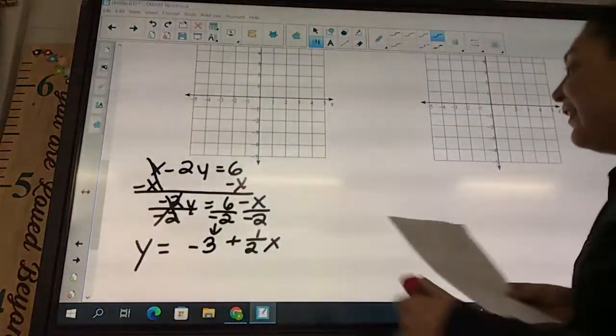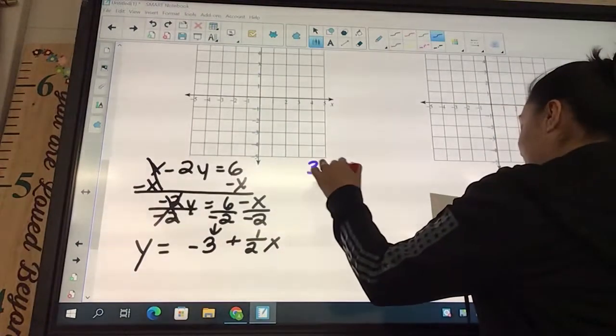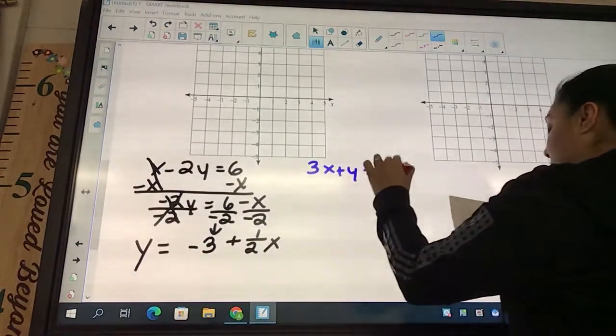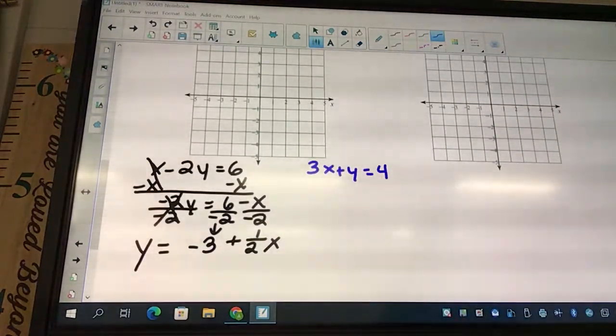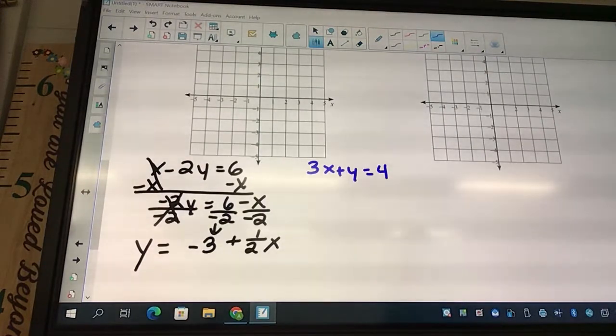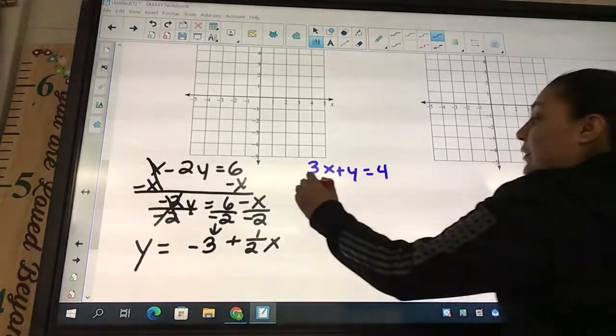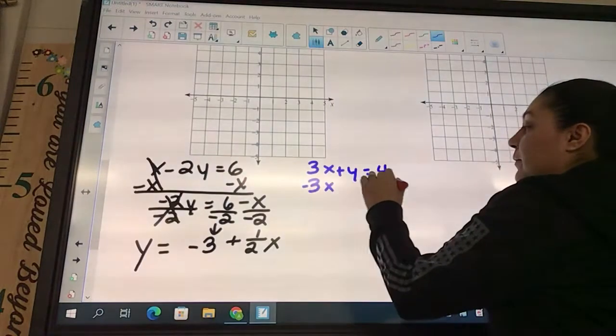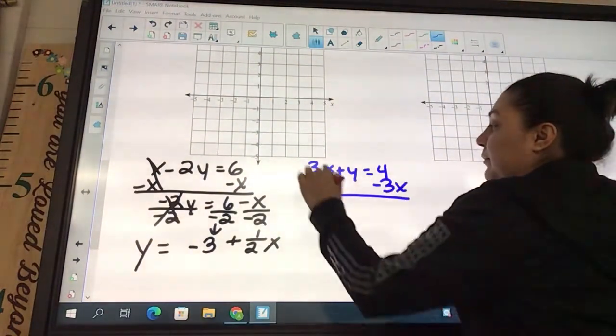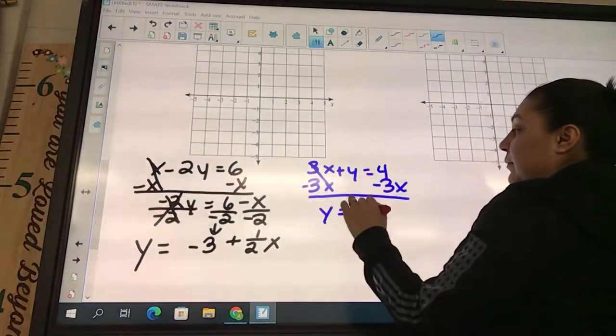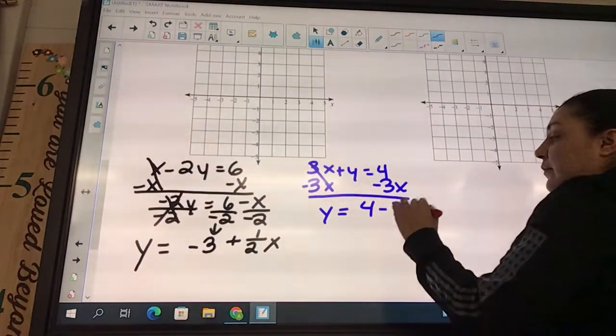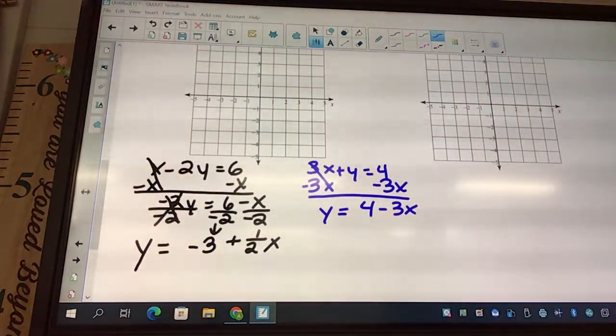No? Okay, so and then the other one, we got 3x plus y equals 4. Okay, we're gonna add or subtract the x's, and so in this case, subtract. Okay, is there a number next to the y?